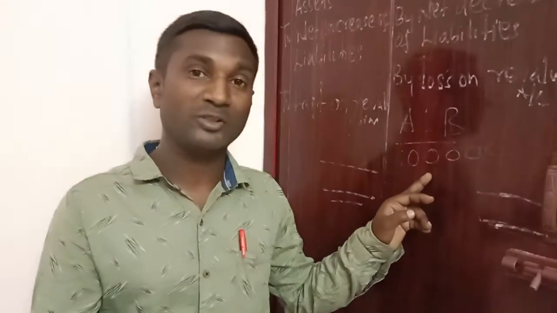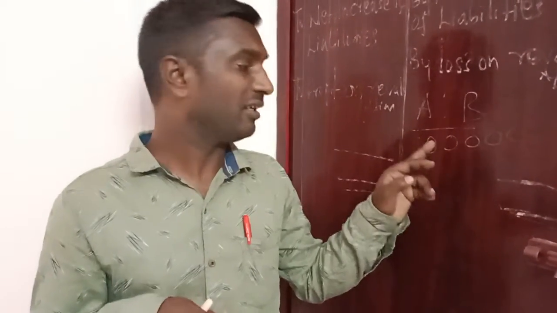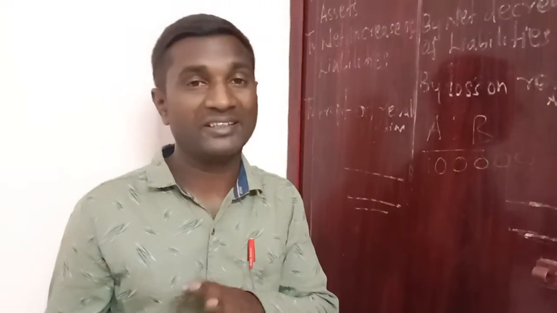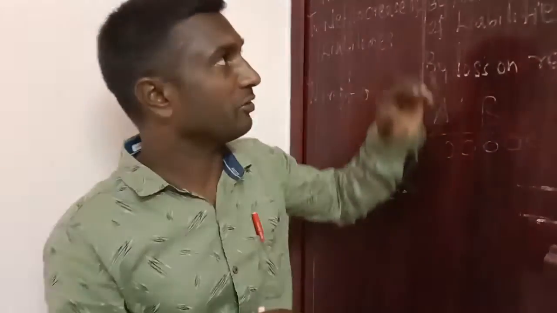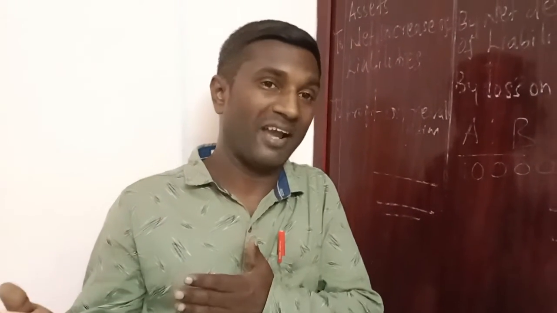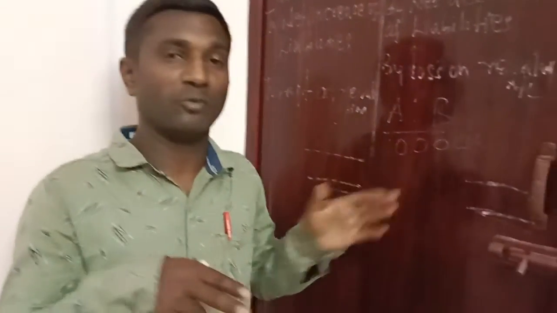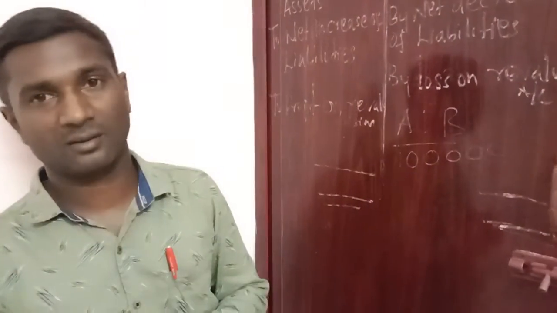Now the machinery is the same machinery, but what is the current value? It will decrease or increase. That net value we have to use in the revaluation. Before 5 years or 10 years, that we do not need, but the old value, book value and current value, we have to differentiate. The difference has to be taken to these accounts.